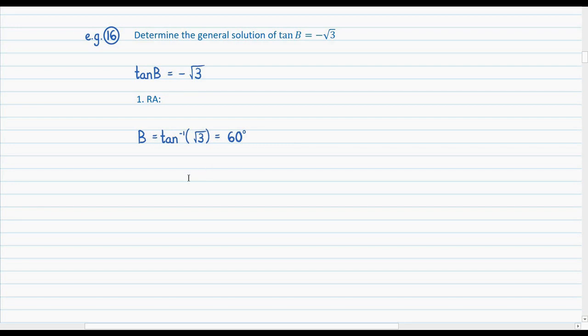Then you carry out the second and third step. The second and third step can kind of be coupled into one, where you note that the sign of the function is negative, and then realize that tan is negative in the second and fourth quadrant. Then you go for the next step, which is applying the quadrant rules for the relevant quadrants. For the second quadrant, the rule is 180 minus reference angle, so 180 minus 60, which is 120 degrees.